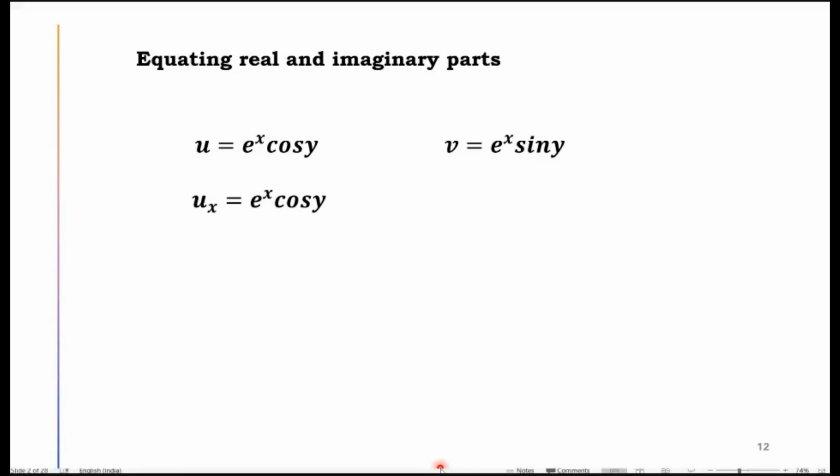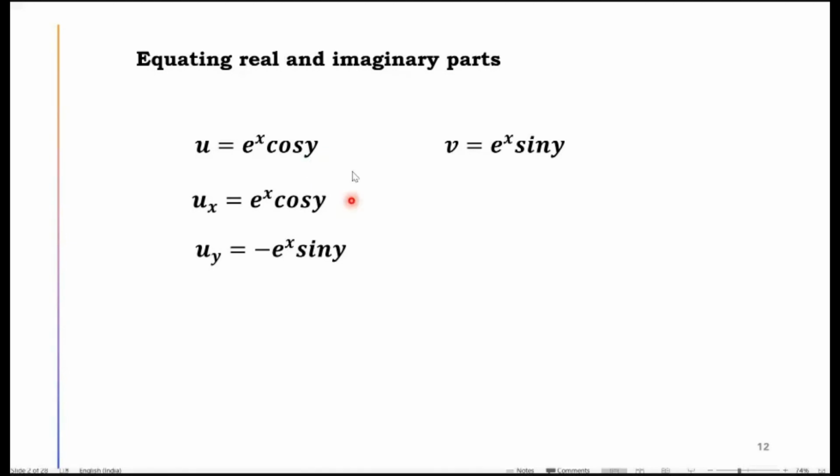Now what about uy? u को हमें y से डिफरेंशिएट करना है, तो what will be uy? Yes, uy में x कांस्टेंट है, y का डेरिवेटिव निकालना है, तो e raised to x वैसे ही रहेगा और cos y का डेरिवेटिव हो जाएगा माइनस साइन y. तो आई विल राइट uy इज इक्वल टू माइनस e raised to x sin y. ठीक है. सिमिलरली vx एंड vy निकालना है. नाउ कैलकुलेट vx एंड vy. v को x से डिफरेंशिएट.